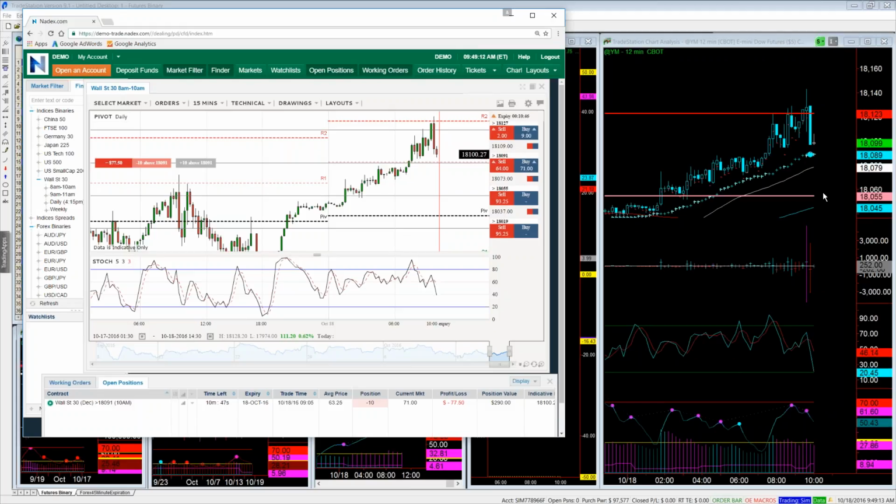Exactly, just close the position. And this is really, really going to be a tight trade.